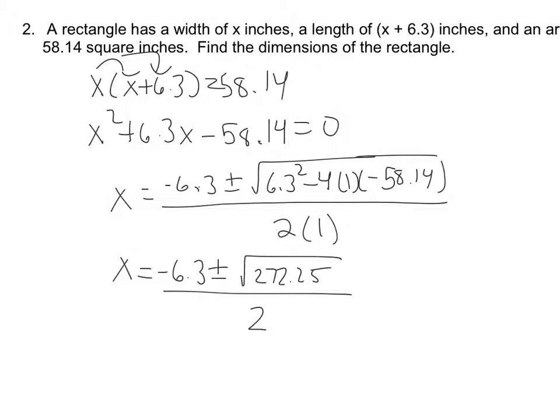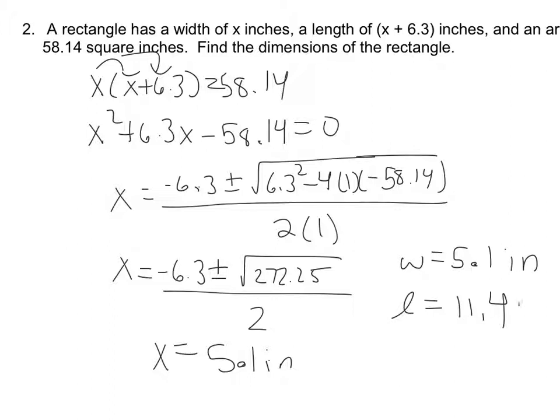So if you did that, you should have gotten x equals 5.1 inches. Okay, so we know that the width is 5.1, and then the length is going to be 5.1 plus 6.3, so 11.4. Let's take a look at another problem. Oh, wait. Inches. Don't forget the label. Okay?